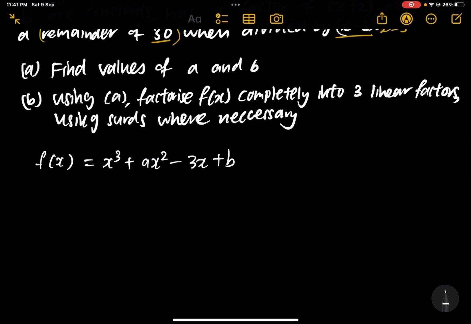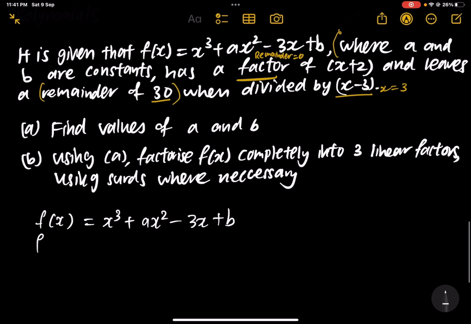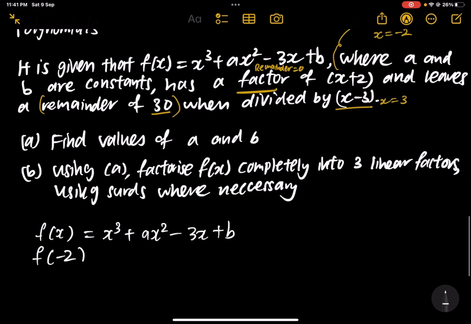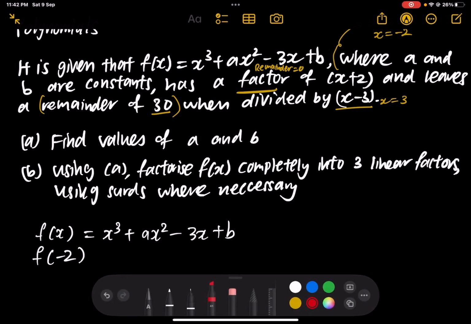Whenever you see find a and b, it's always simultaneous because there are two unknowns. I'm going to be substituting x to be minus 2. You see, x plus 2 must sub in minus 2.